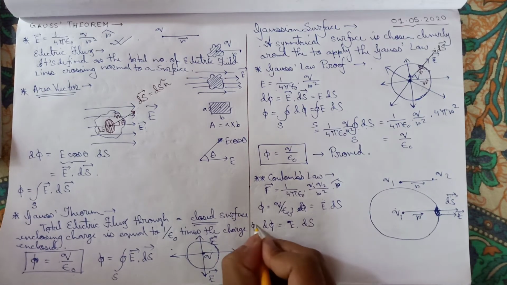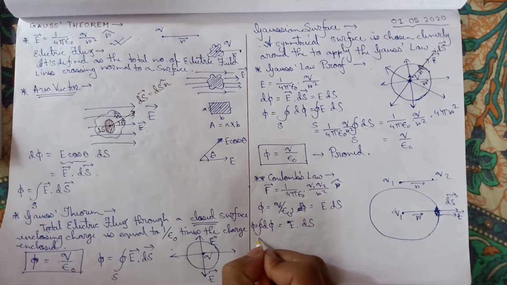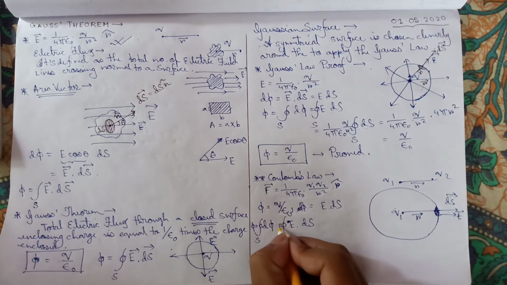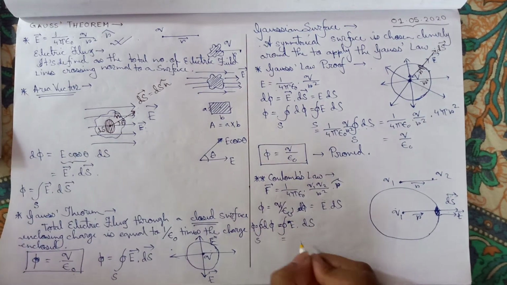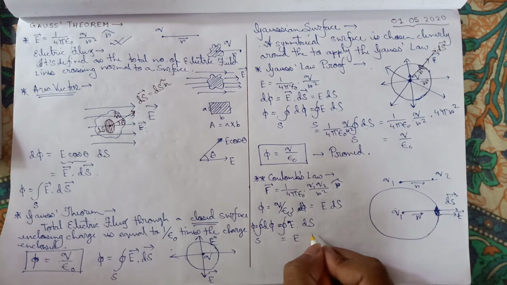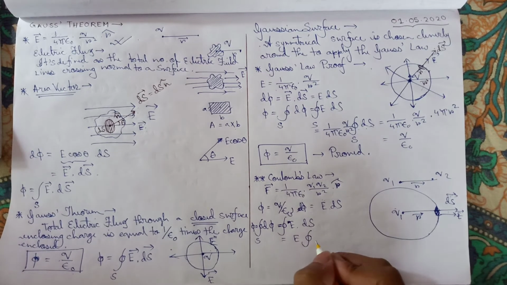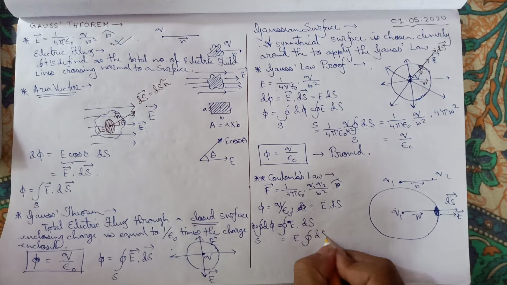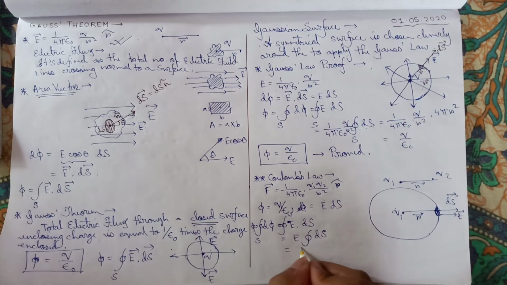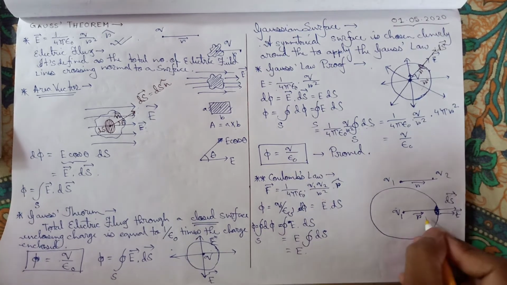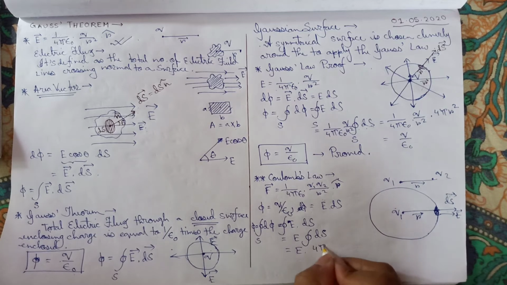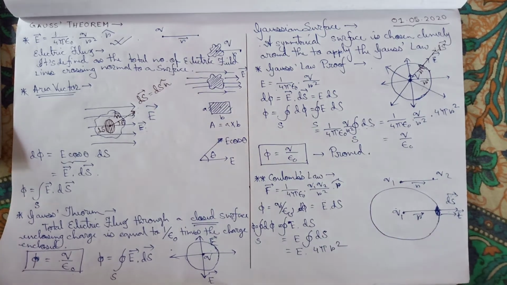Okay, so what will be the total flux? Total flux will be the closed surface integration of that. Now E comes outside, it is constant, as it is symmetric radially. The surface area of a sphere is 4 pi r square, right?